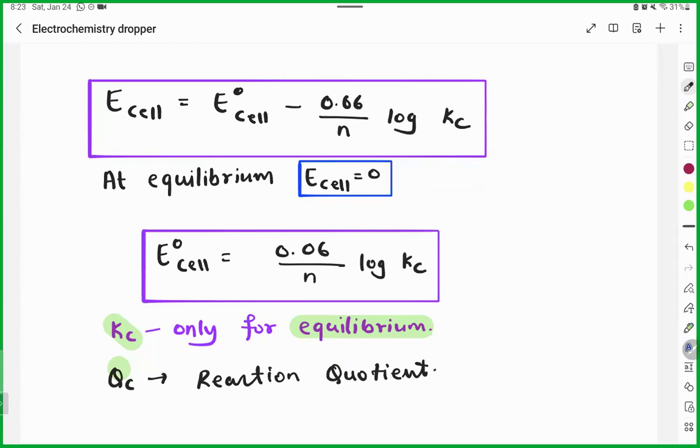Because NEET asks very frequent questions from this topic, Kc and Qc, and based on these two values, you can easily tell whether a reaction will happen in the forward direction, backward direction, or is at equilibrium. Got it, guys?